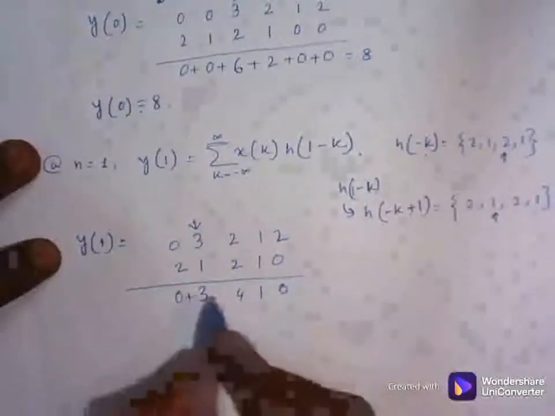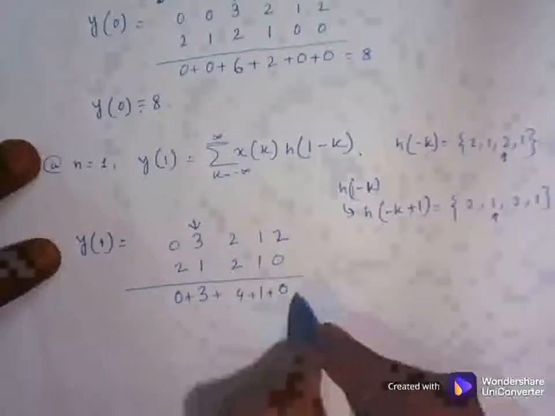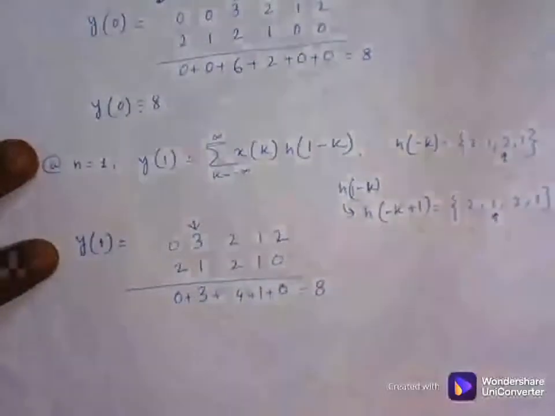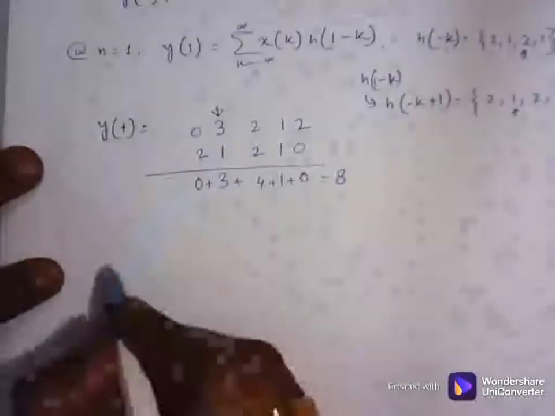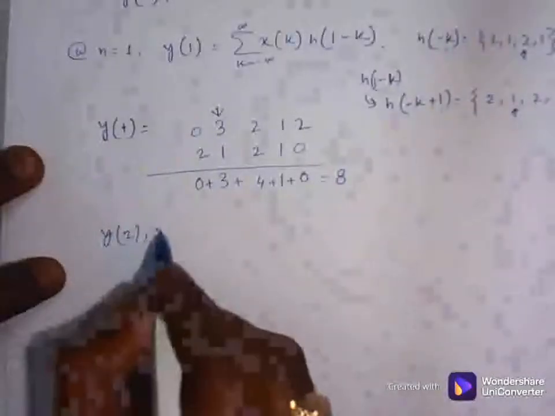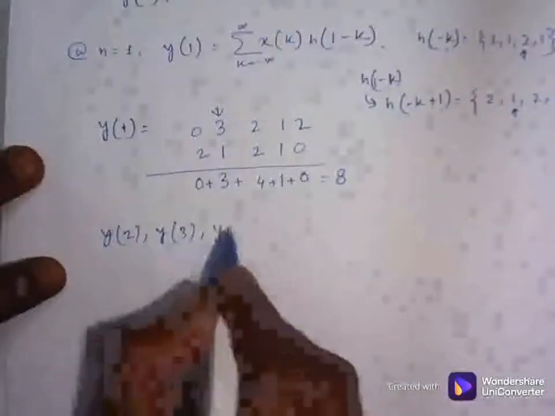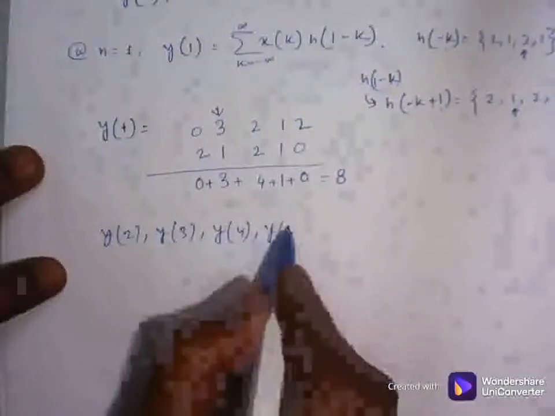Now add this, so you will get 8. Similarly you have to find out y2, y3, y4 and y5.